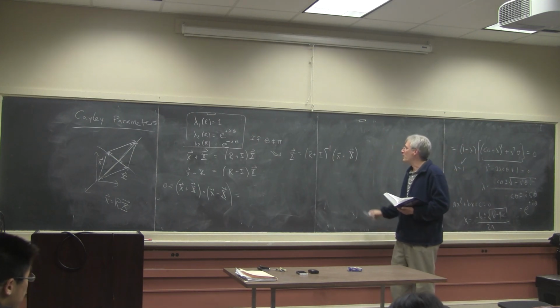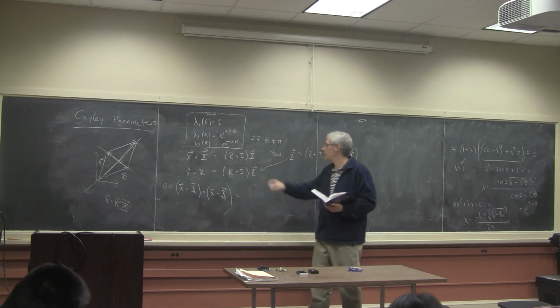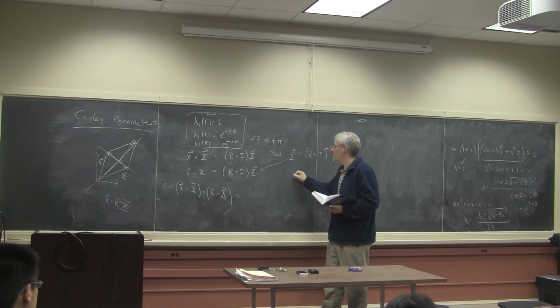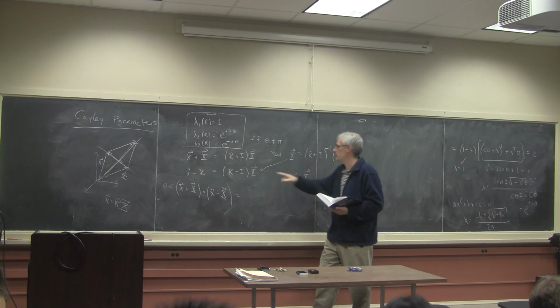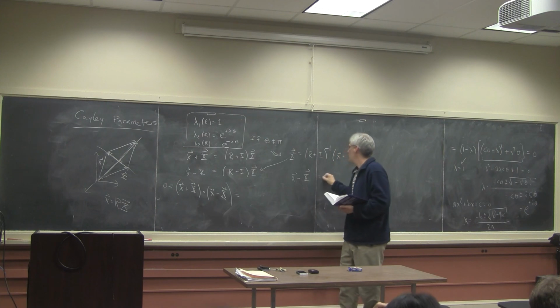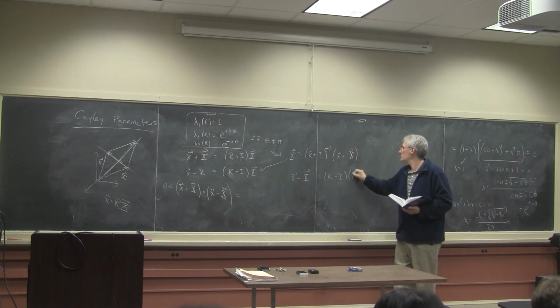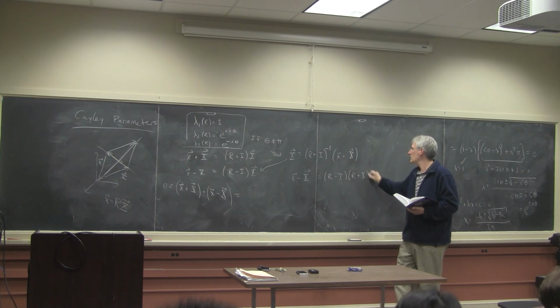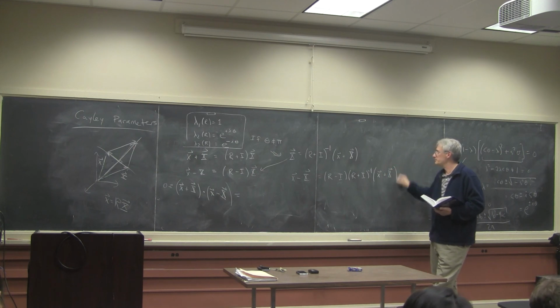Now, what we can do is take this result and feed it back in over here. So we get x minus capital X, which is the left-hand side here, is equal to r minus the identity times r plus the identity inverse times x plus capital X.